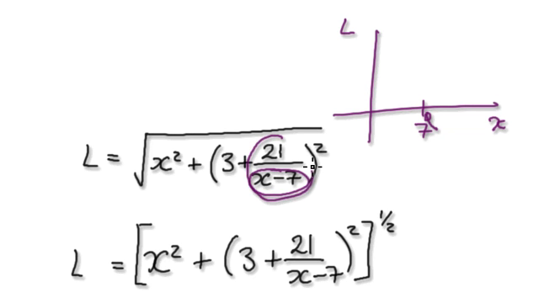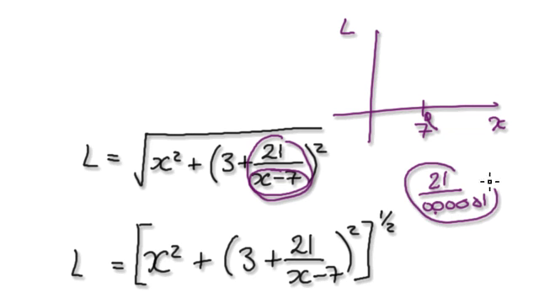And then 21 divided by something very, very small, the overall thing here will be very, very big. And then very, very big, add a number 3, it will still remain very, very big.